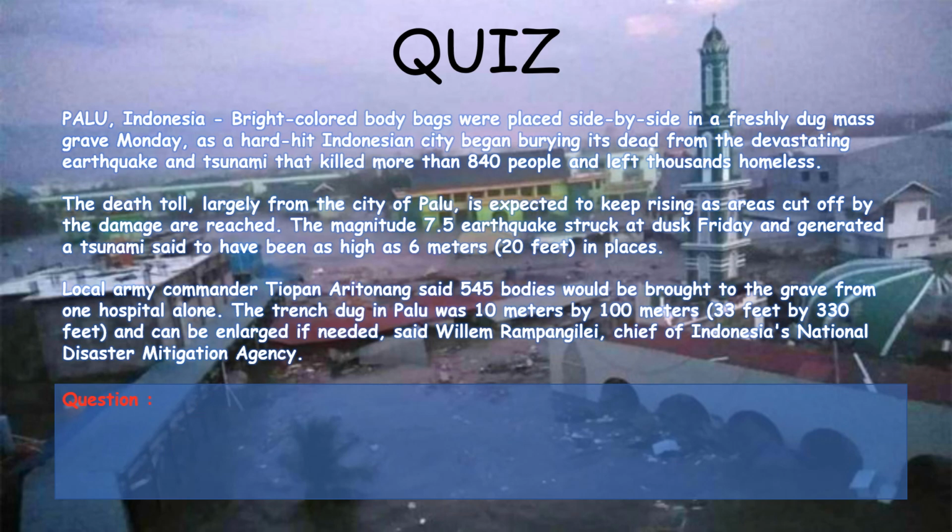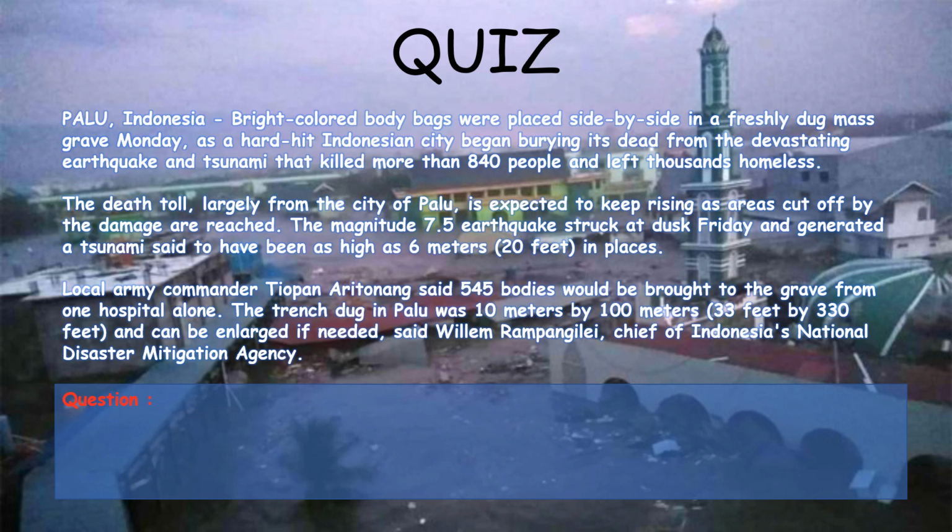The death toll, largely from the city of Palu, is expected to keep rising as areas cut off by the damage are reached. The magnitude 7.5 earthquake struck last Friday and generated a tsunami said to have been as high as 6 meters or 20 feet in places.